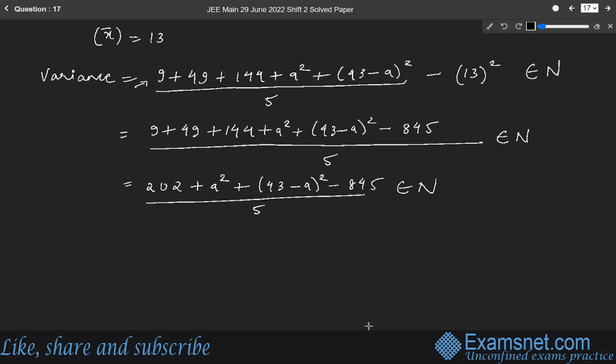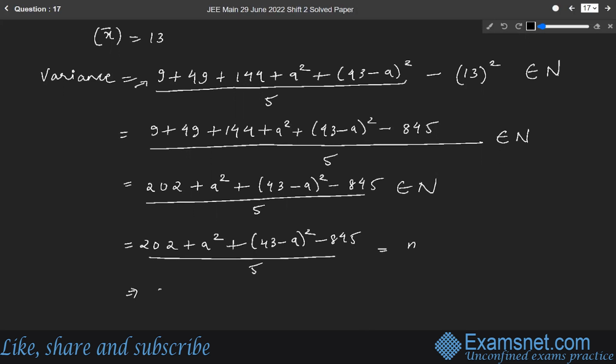N is the set of natural numbers. So let us do one thing. Let the number be n. All right. So this will be equal to 202 plus a square plus 43 minus a square minus 845 divided by 5 is equal to n. We are assuming a natural number as n.